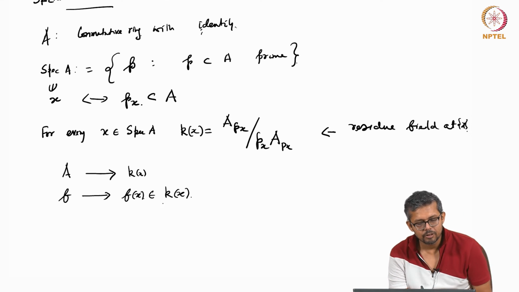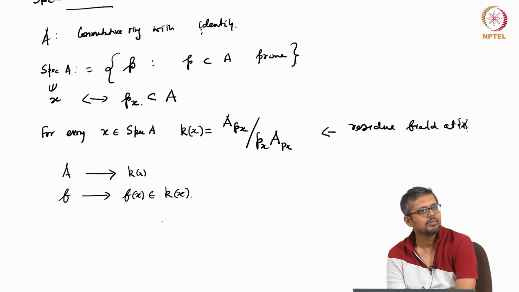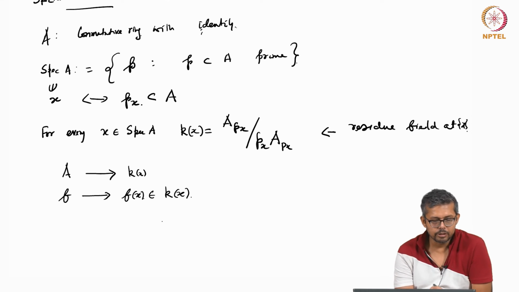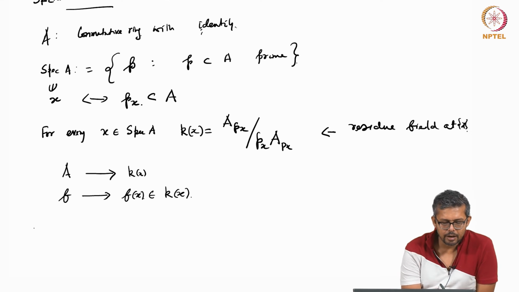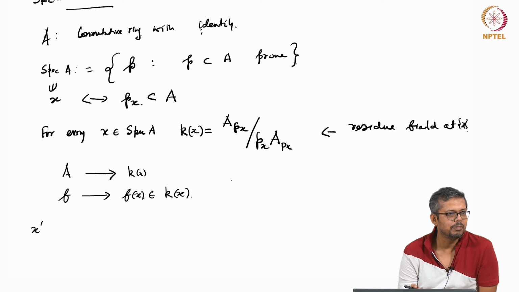This k has nothing to do with any field. This is just a notation. It is f/1 bar, yes. But you see that for a different point x', k(x) and k(x') are different.